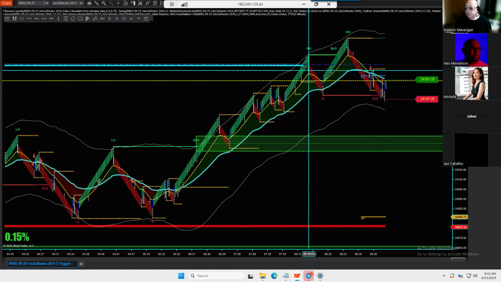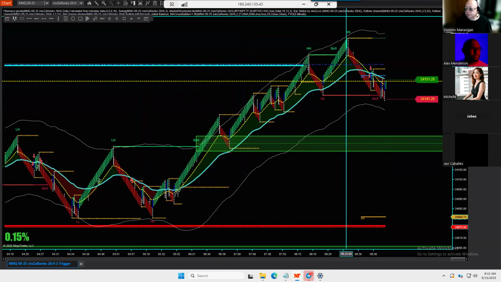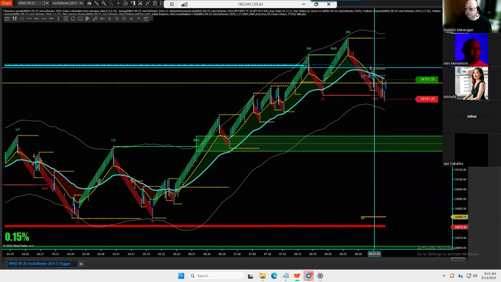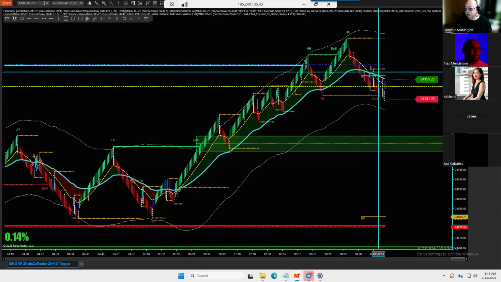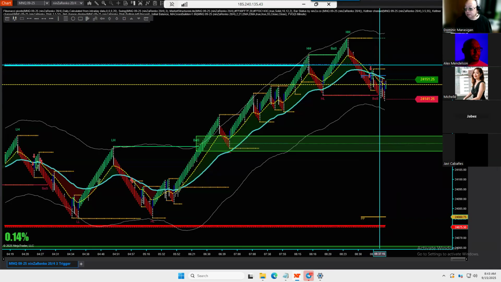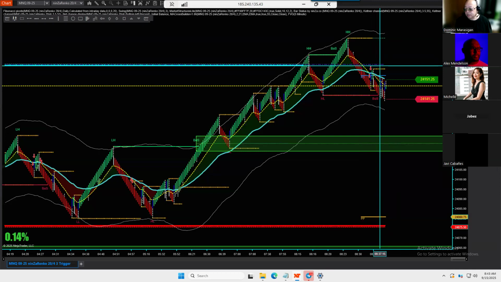My stop would be either up here or at this level. You see we're getting lower highs. If it does continue having lower highs, it won't try to break this, because if it does, there's a possible trend or momentum to the downside.